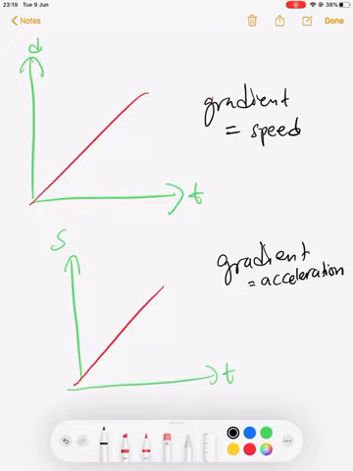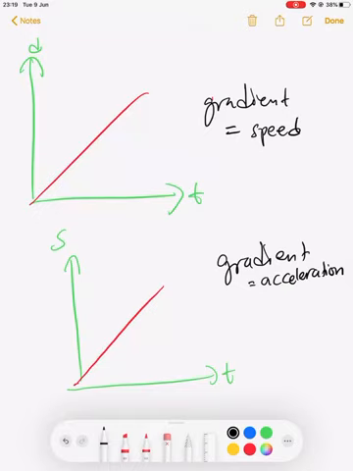So from the distance time graph we can determine the speed of the motion, and from the speed time graph we can determine the acceleration of the motion. Okay, do you understand?